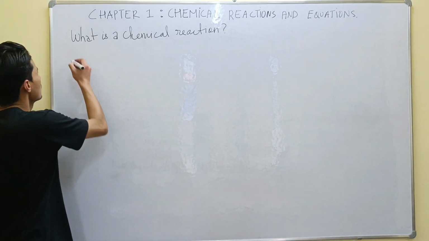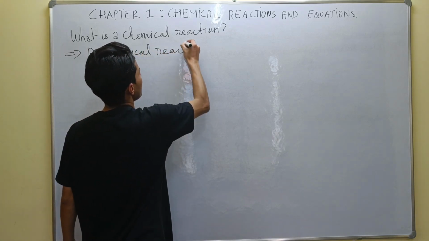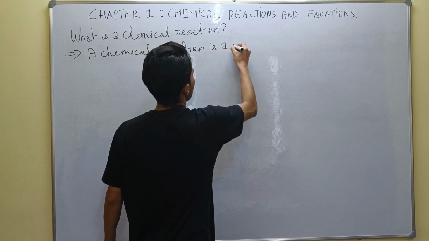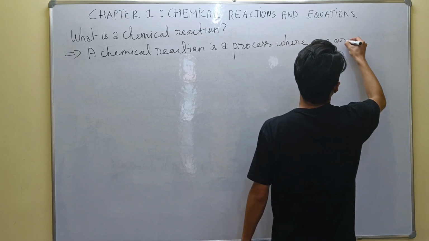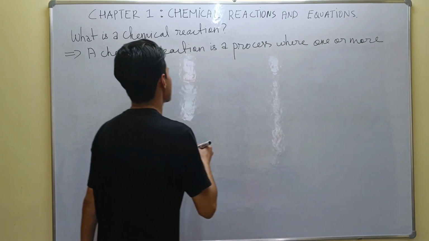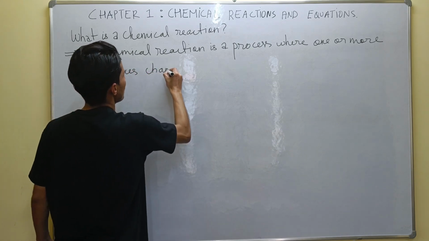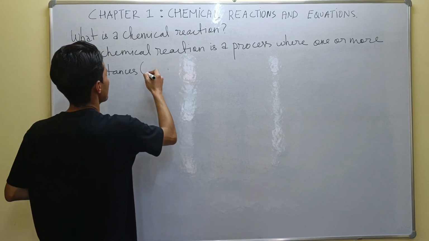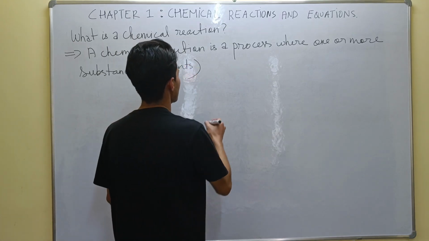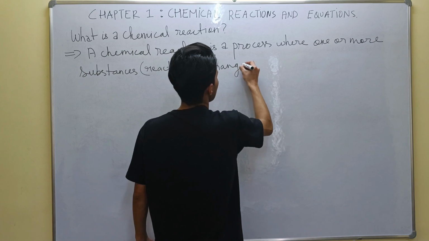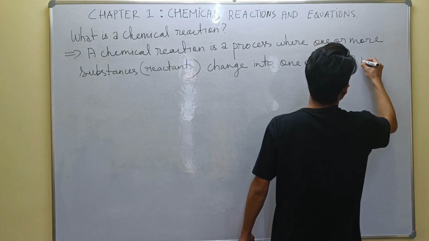Alright, so let's write the definition. A chemical reaction is a process where one or more substances, called reactants, change into one or more new substances.